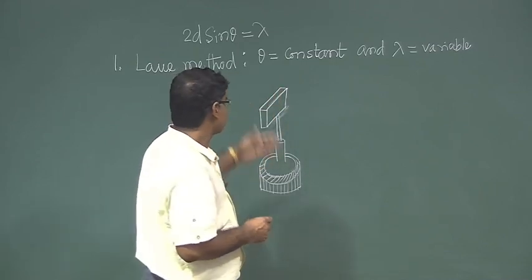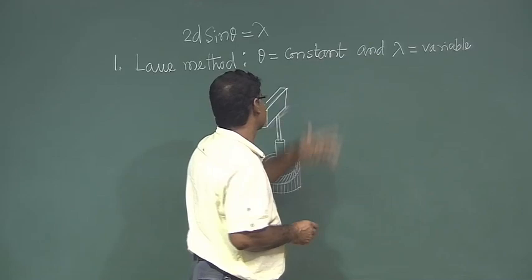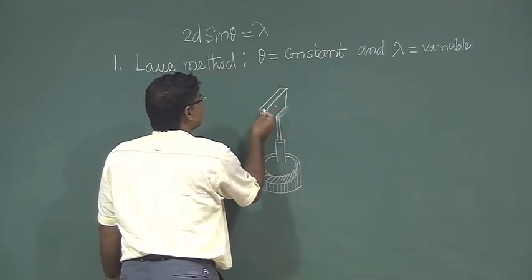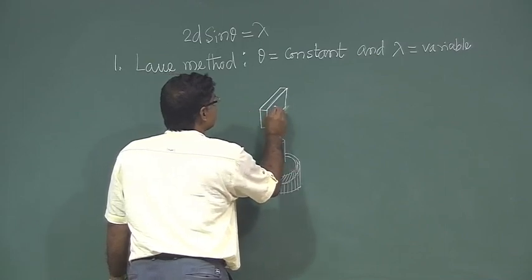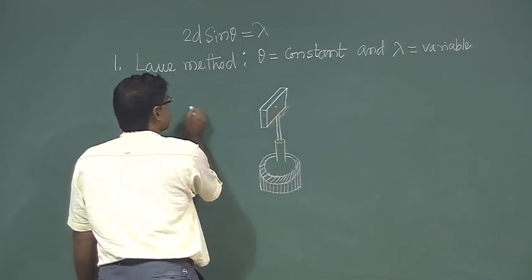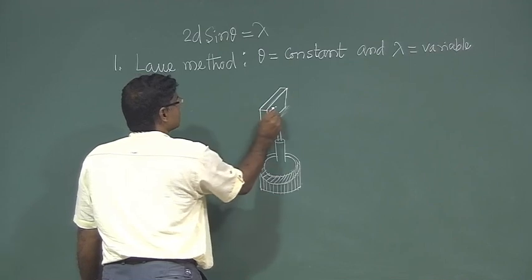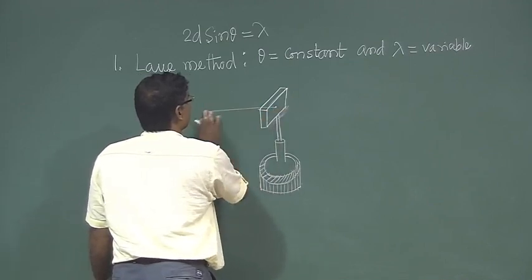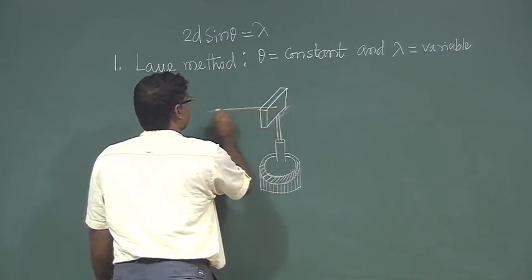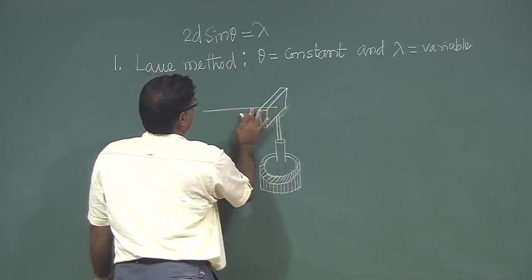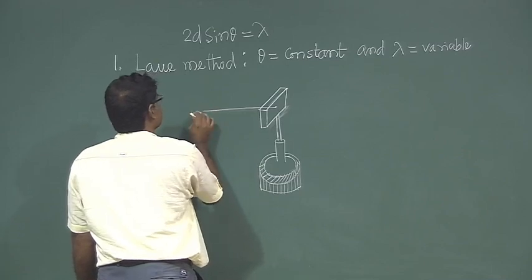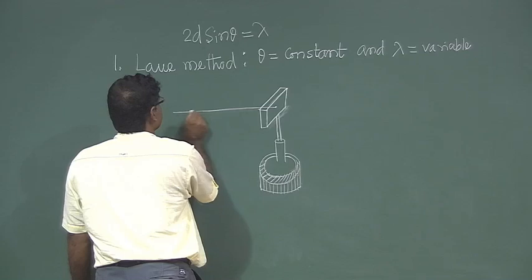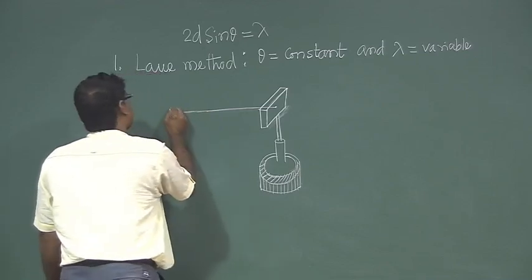Since in this case theta is constant, the incident X-rays are falling, coming from the X-ray source.